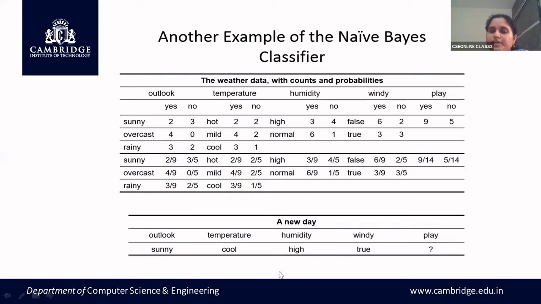So for this particular tuple, the prior probability is calculated by 2 by 9 into 3 by 9 into 3 by 9 into 3 by 9. What is the answer?